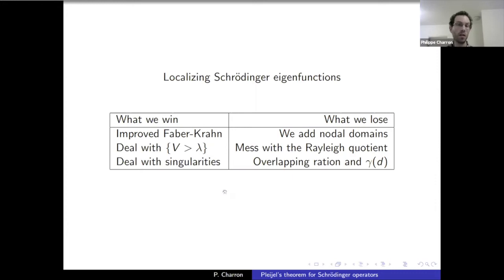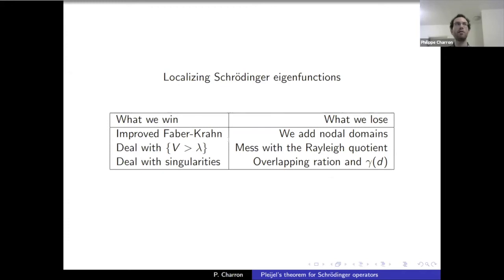The second thing is that it will allow us to deal with the classically forbidden region, because we said that every nodal domain has to have some part in this region. If we look at the L2 mass, we don't know where it is, but during the proof it really appears that it has to have a big part of its L2 norm inside the region where V is less than lambda.